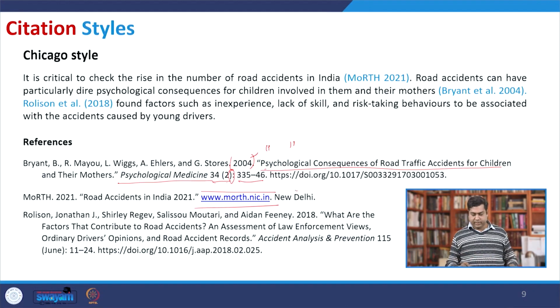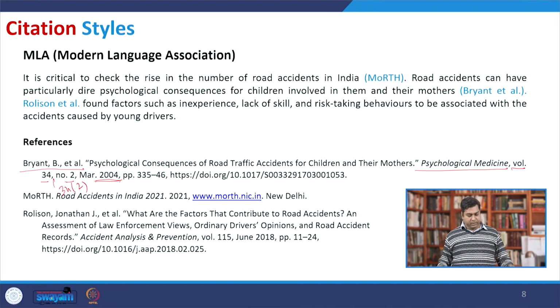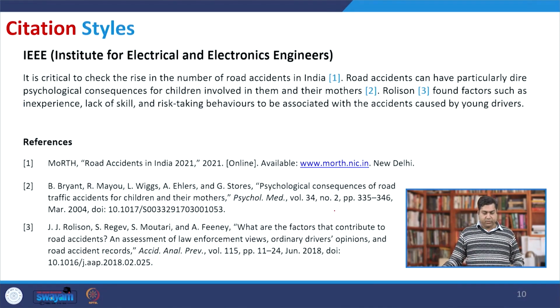This is again a style, and there is no change in the DOI. Similarly, in many cases you can find that the issue number is not written, but the month of publication is referred to. So, you can say June 18, and in this case it is again in the inverted commas. Then the IEEE style, which is a contrast. In this case, say you can have the 1.